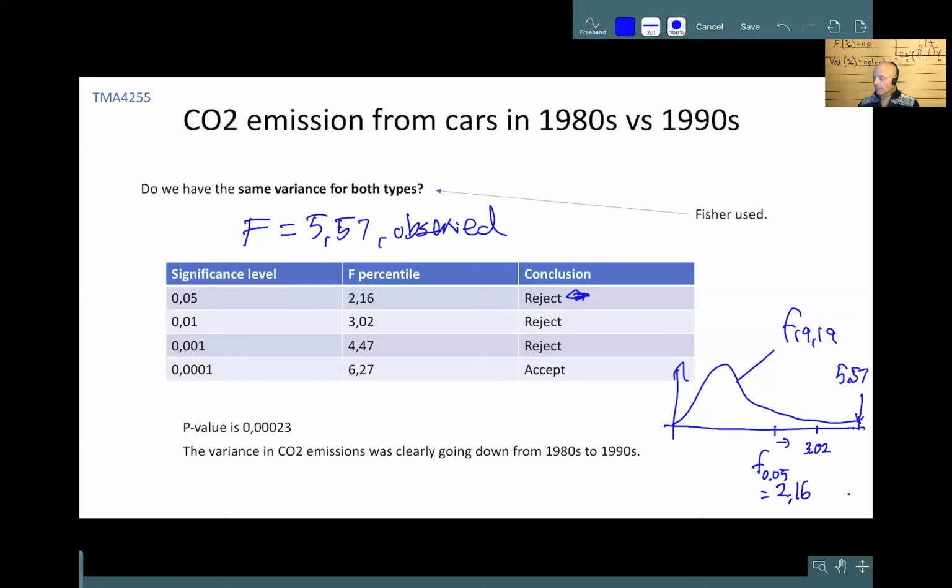And the p-value of having something this large or larger is 0.00023, and it's a really small p-value. So this is not subject to random variation. The variance in CO2 emissions of cars was clearly going down from the 80s to the 90s.